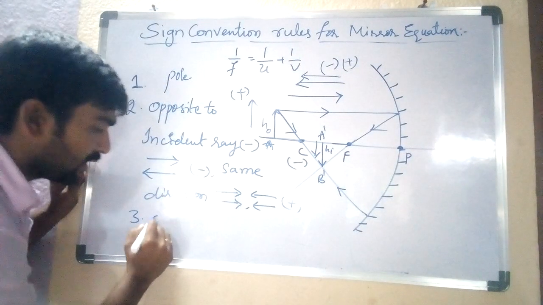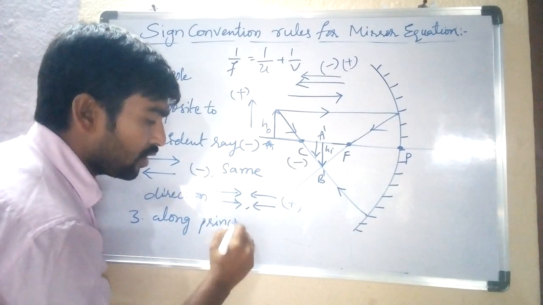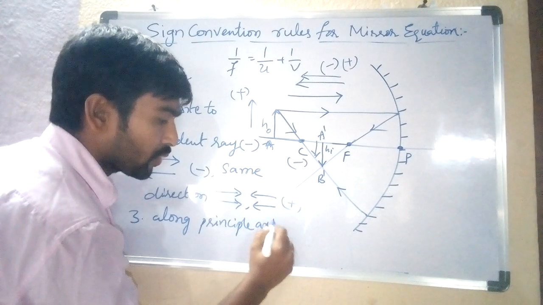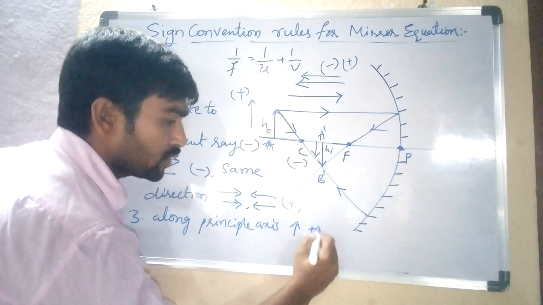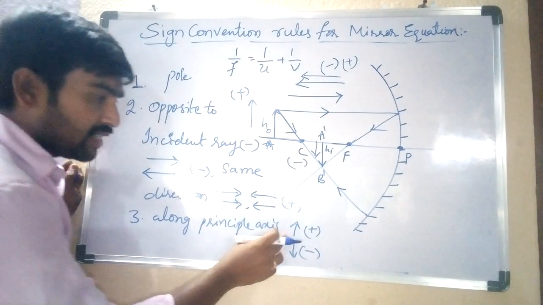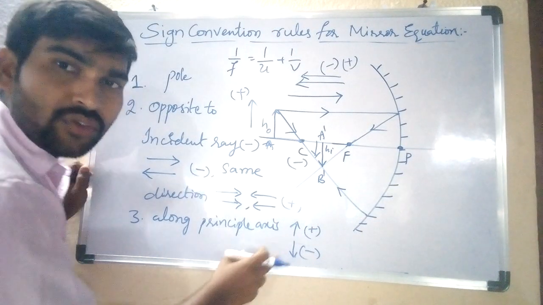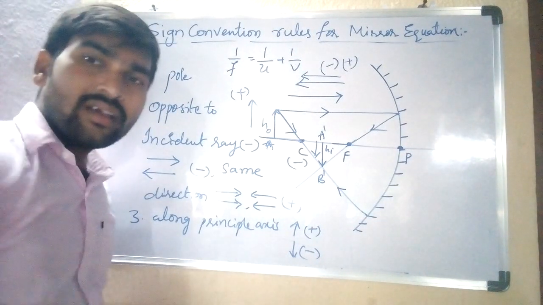The third rule is along the principal axis or normal axis: upside is positive, downside is negative. This indicates upwards of the principal axis is positive, and downwards of the principal axis is negative.